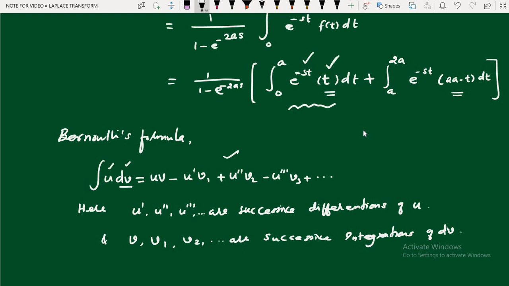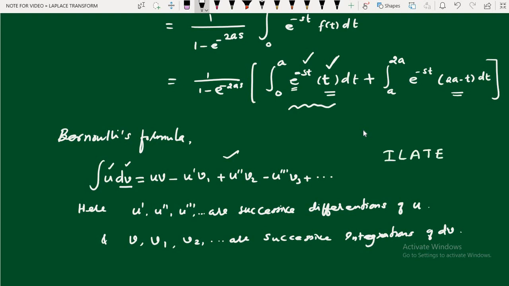The remaining function is e power minus st, where the power is a function of t, so this is exponential. Suppose it were sine st, then it would be a trigonometric function. Like that we can identify the function. Right, now use the condition called ILATE.